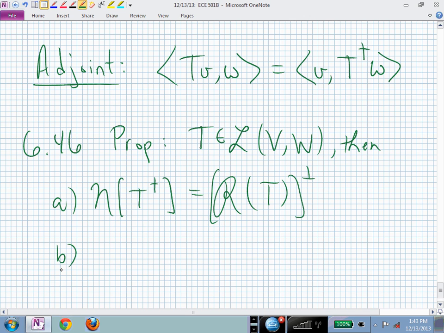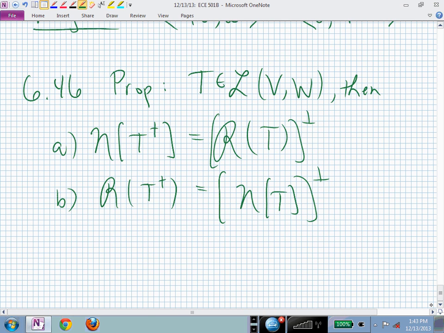And there are other relationships. We could look at the range of T dagger, and that's the orthogonal complement of the null space of T. Then we have the other two pairs concerned with the null and range space of the original linear map T. The null space of T is equivalent to the orthogonal complement of the range space of the adjoint.